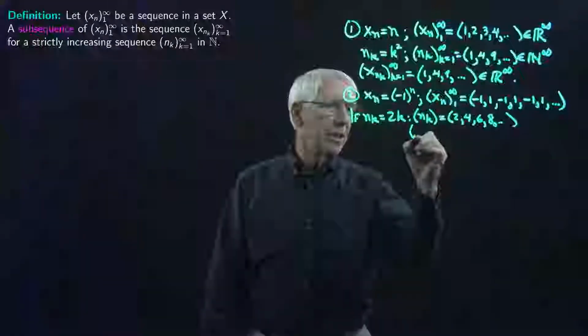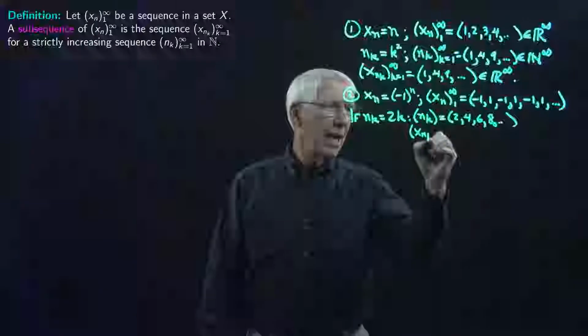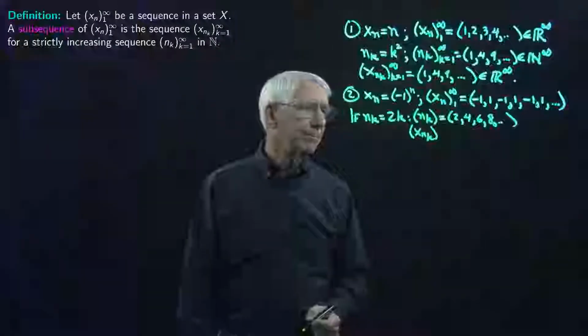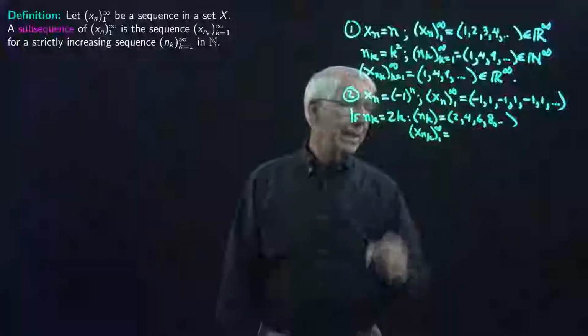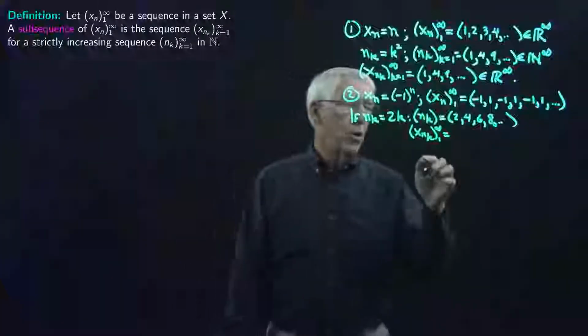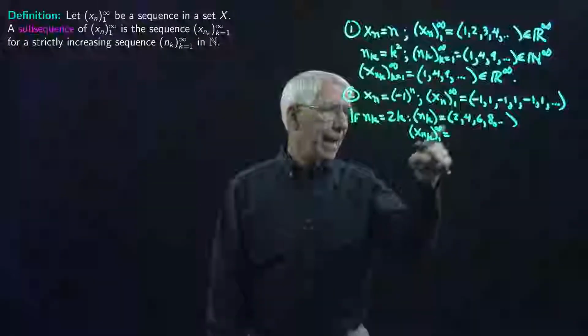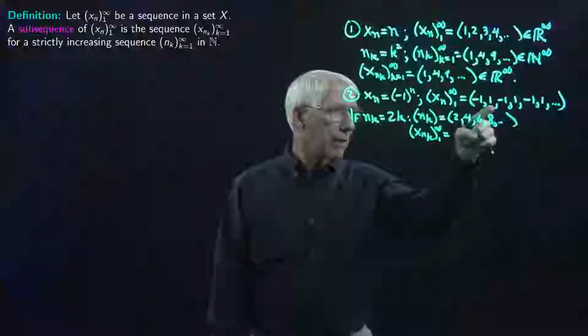And the sequence x sub n sub k, k going 1 to infinity, is: when n sub k is 2, I've got 1 here.